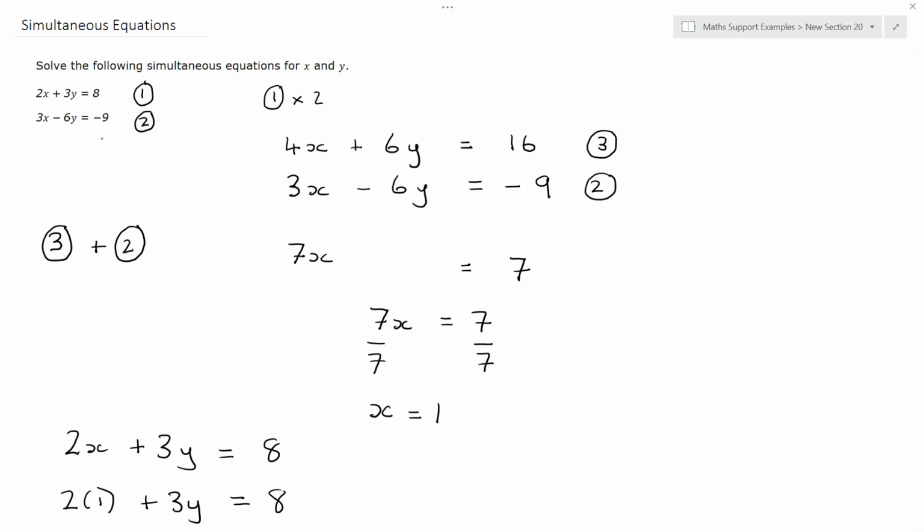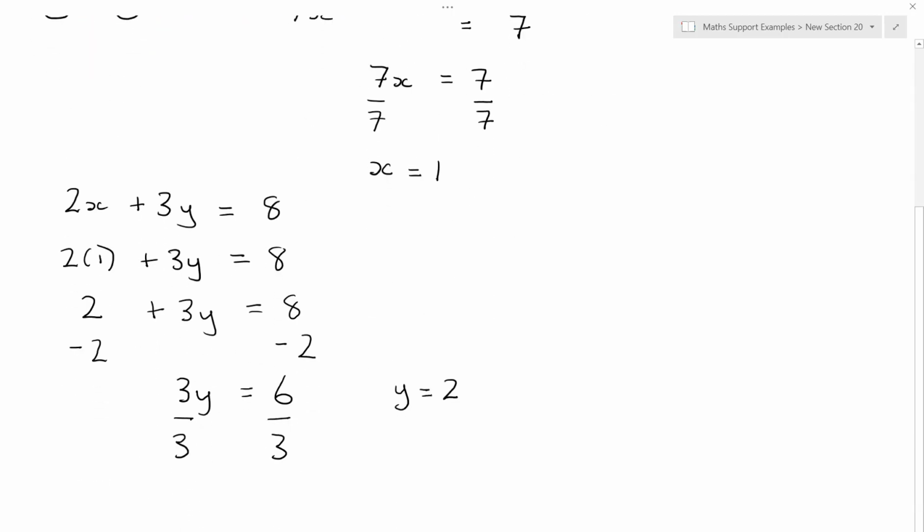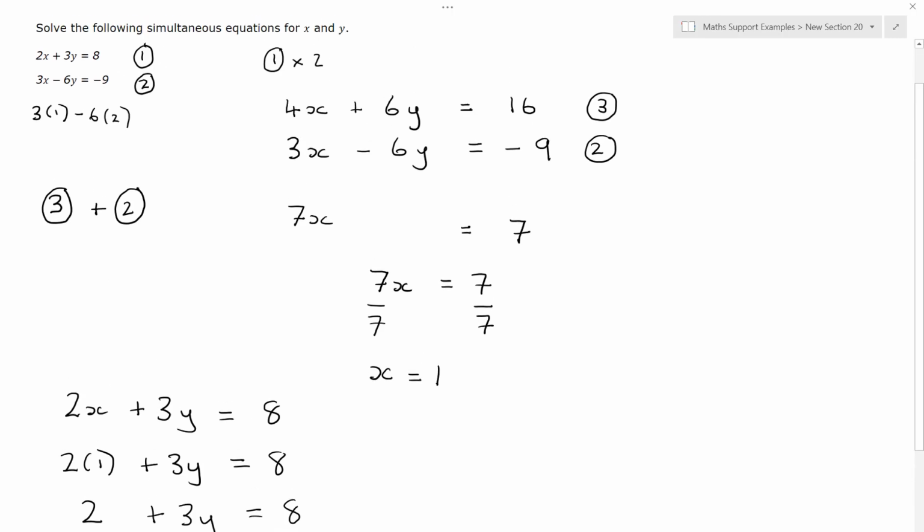So we know 3x minus 6y should give me minus 9. So I have 3 lots of 1 minus 6 lots of 2, my values of x and y. 3 lots of 1 is 3, minus 6 lots of 2, which is 12, so we have 3 minus 12, which is minus 9, which is exactly what we were looking for.